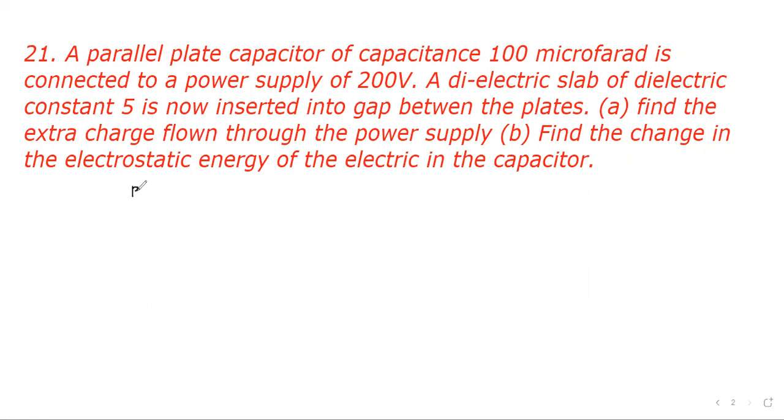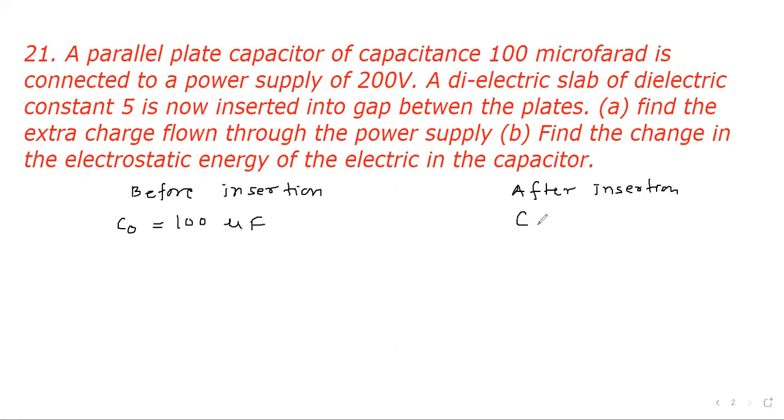So we can write before insertion and after insertion. Before insertion, capacitance C0 is 100 microfarad, and after insertion it will become C1, which is K times C0, and K is 5, so 5 into 100 microfarad.